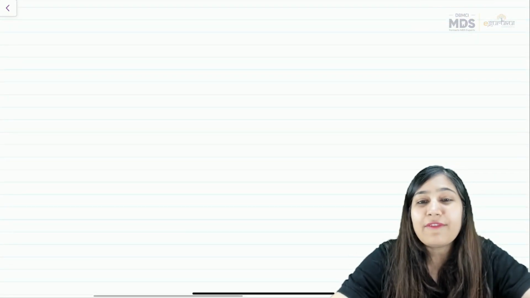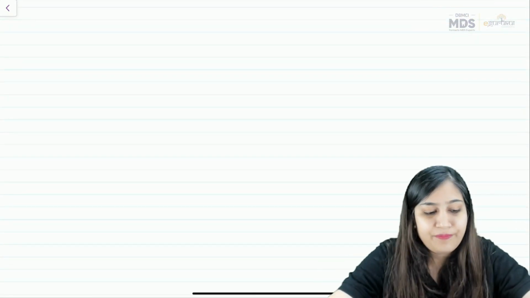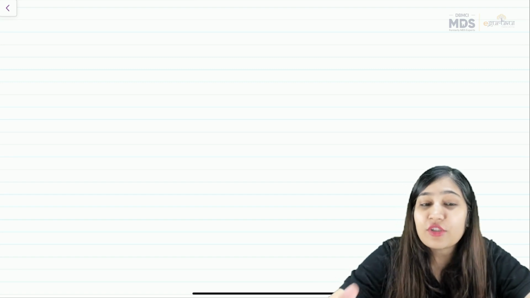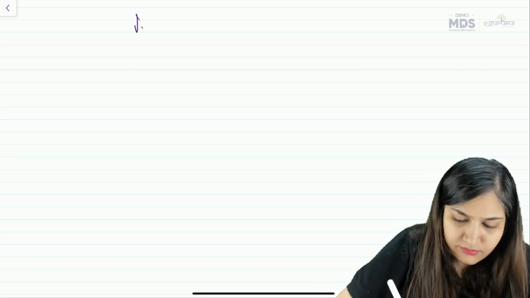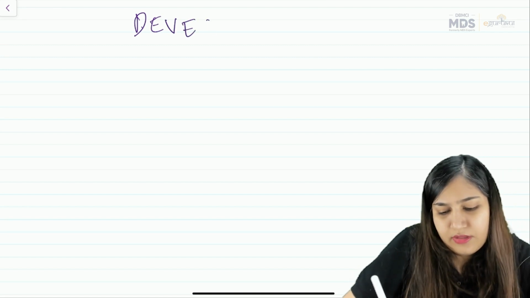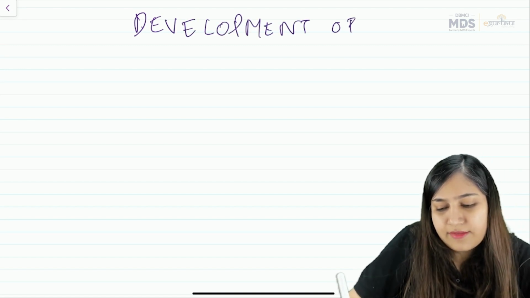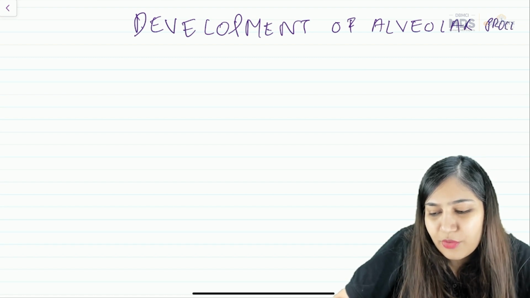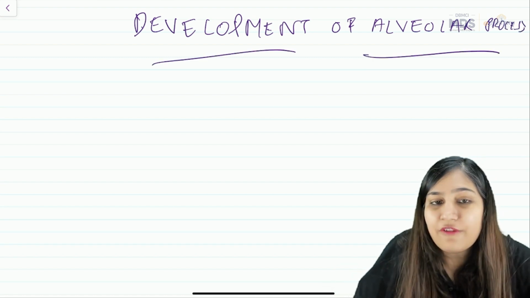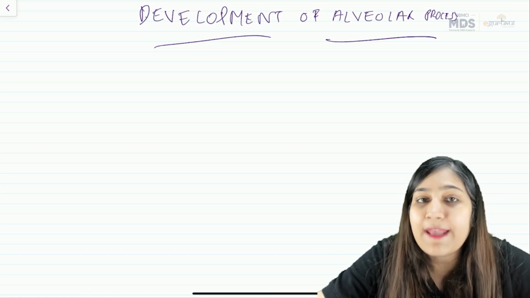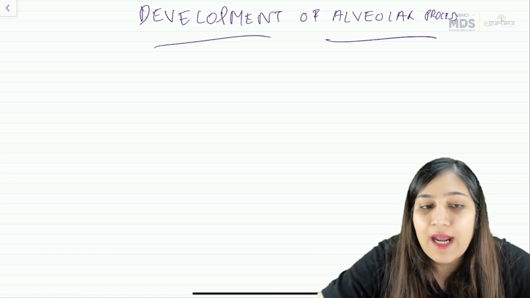Now coming to the development of alveolar process. We have discussed that the alveolar process is dependent on the presence of teeth, right? During the bell stage, bony septa and bony bridges start to form.